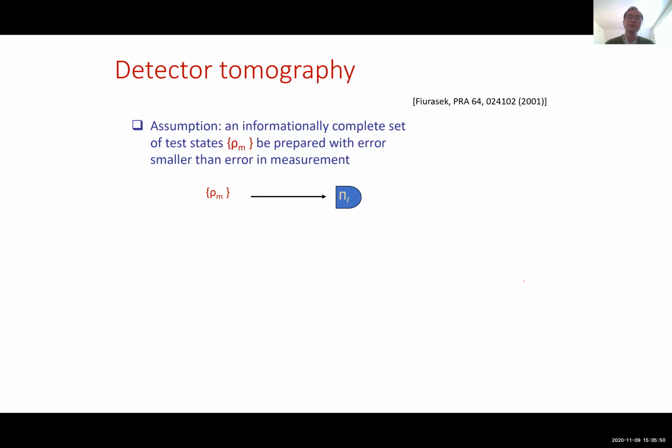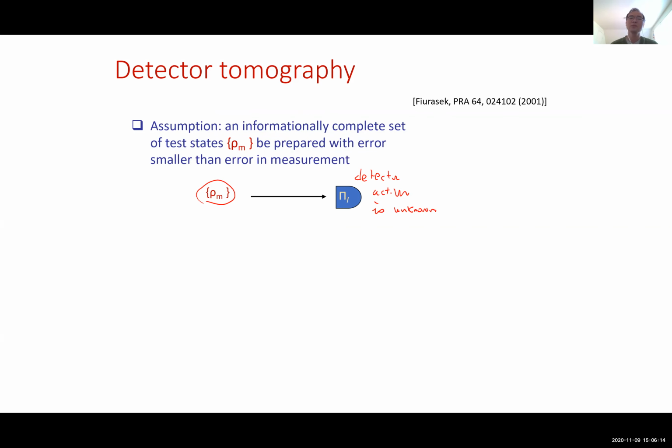Yeah, so detector tomography is a subject that we've seen before. We want to send a well-characterized state, but in this case, the detector action is unknown, or to be determined.